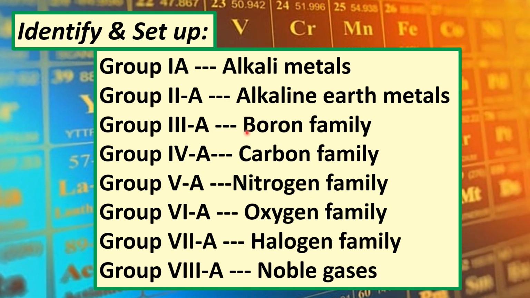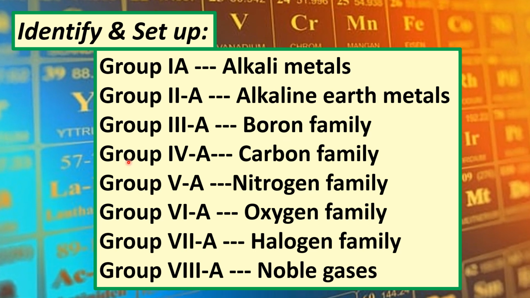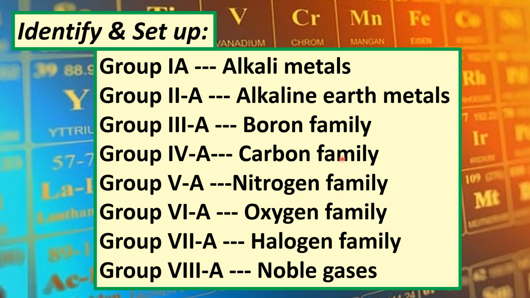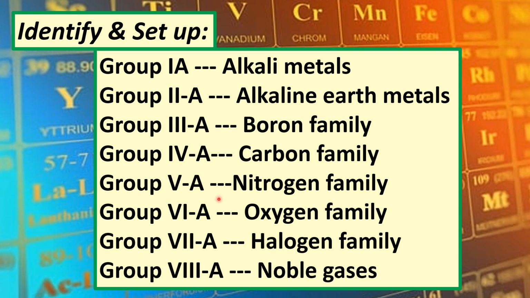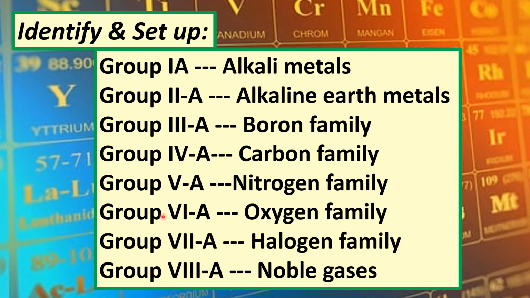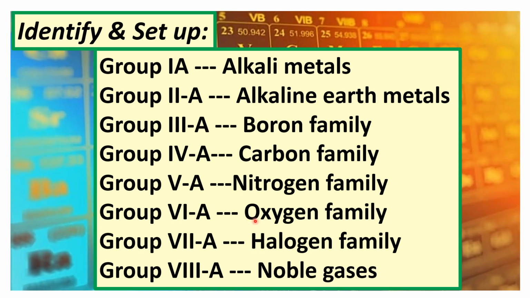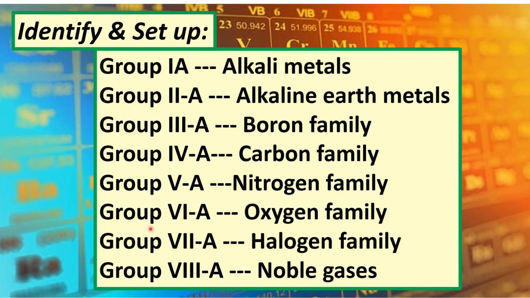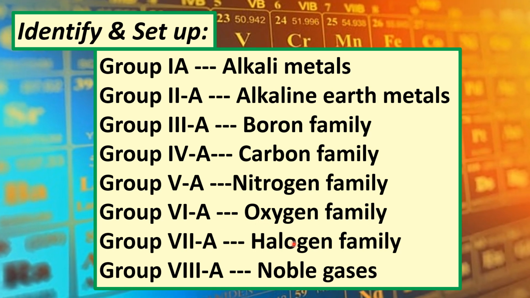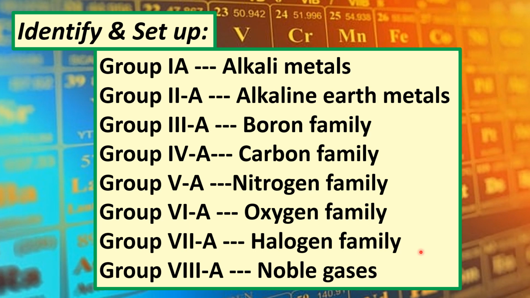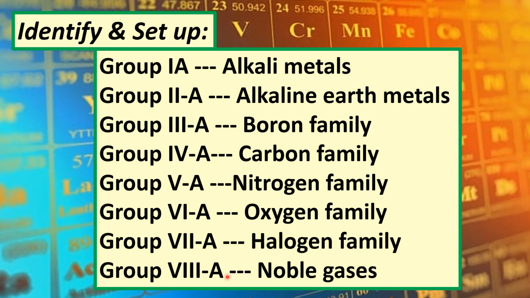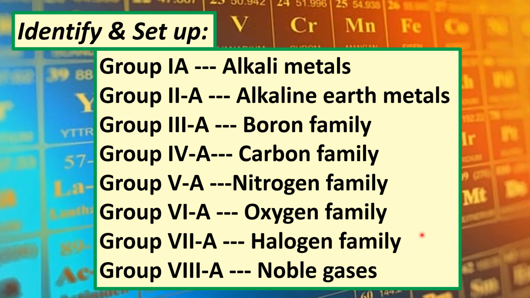Group 3A are the boron family. Group 4A are called carbon family. Group 5A are the nitrogen family. Group 6A are called the oxygen family. Group 7A are called the halogen family. And group 8A are the noble gases.